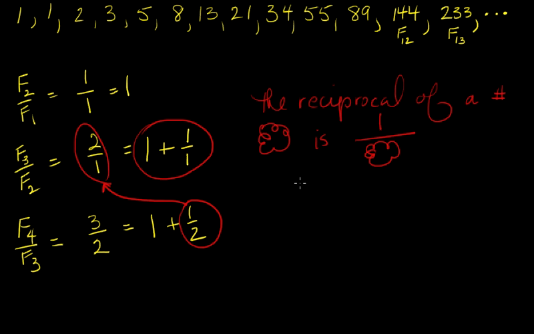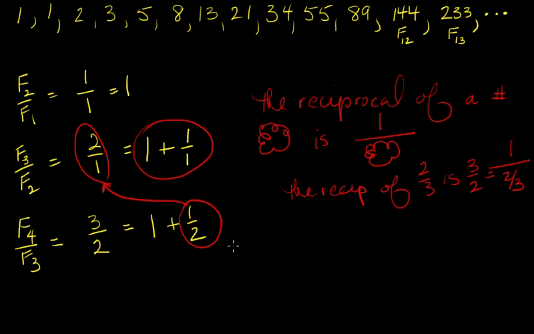And you're used to thinking of, for example, the reciprocal of 2/3 is 3 halves, but 3 halves is 1 over 2/3 if for some reason you wanted to write it that way. The reciprocal of a number is 1 over it. So keep that in mind as we look at these examples.